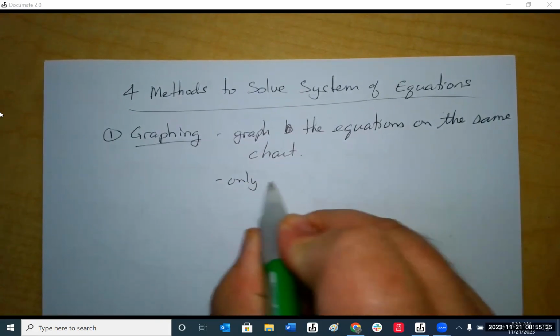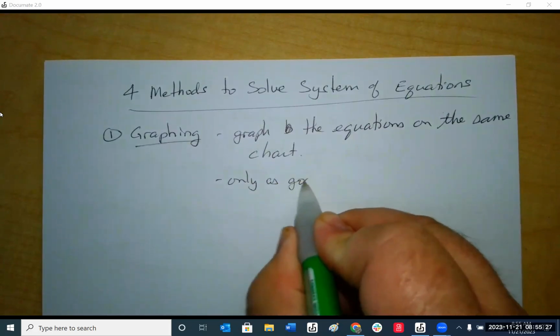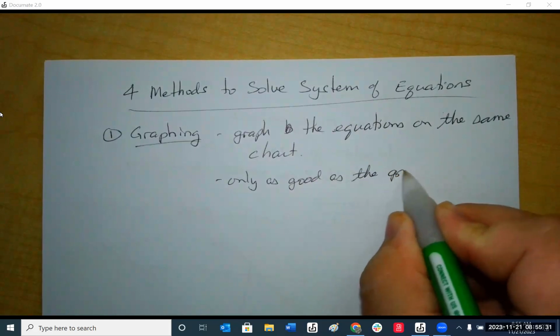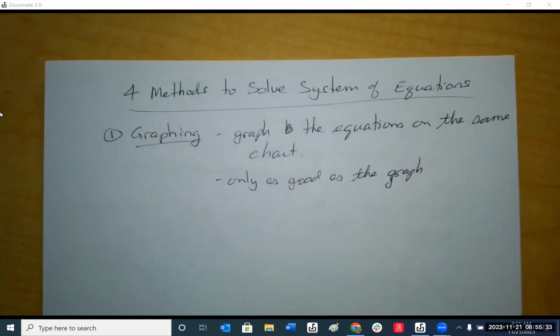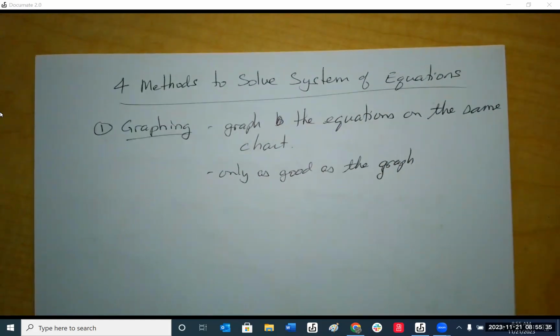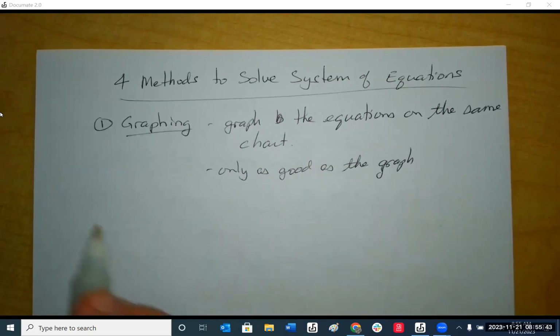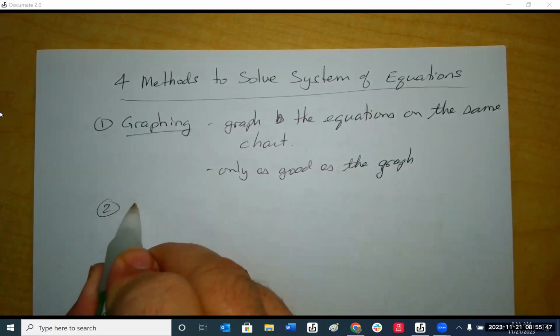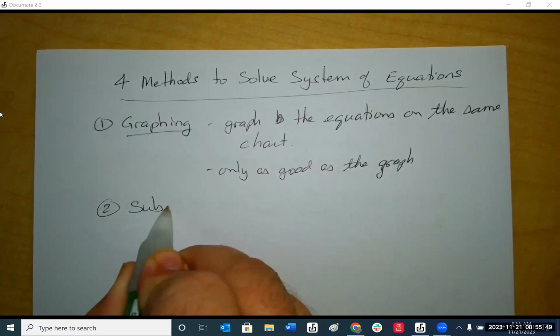It's only as good as the graph. Because if the two lines intersect and it's not at a specific point, you won't know exactly where it sits. So it's only as good as the graph. The next method is called substitution.